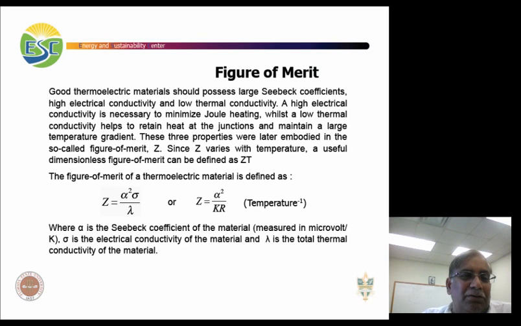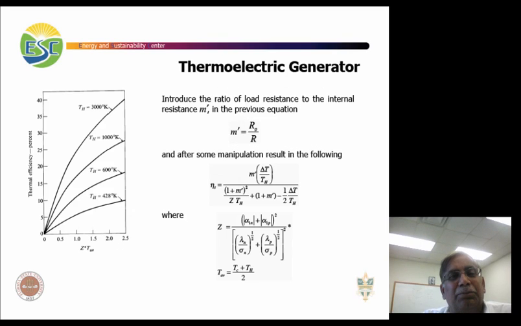This has units of temperature to the power of -1, so the higher the figure of merit, the more efficient the thermoelectric generator is. So most of the time, what researchers are trying to do is to find materials which give a higher value for Z.